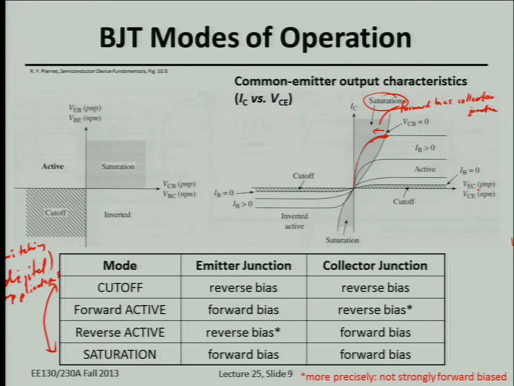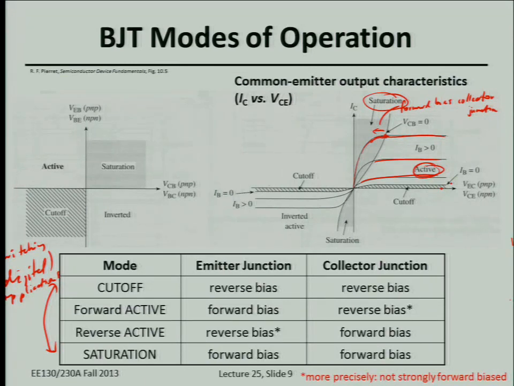But if we want to use it as an amplifier, we only operate it in the active regime. So we operate out here in the active regime as an amplifier, and then we go between cutoff. Remember, when a transistor is off, usually what is the output voltage? We have an open circuit. We usually only need a switch if there's a large voltage difference we're trying to prevent from passing through.